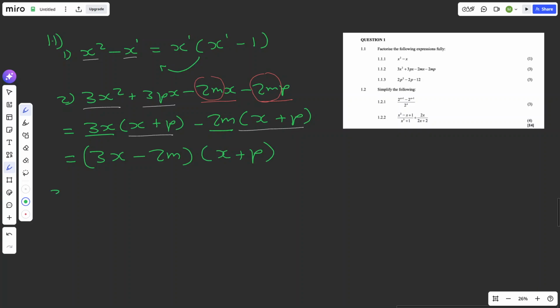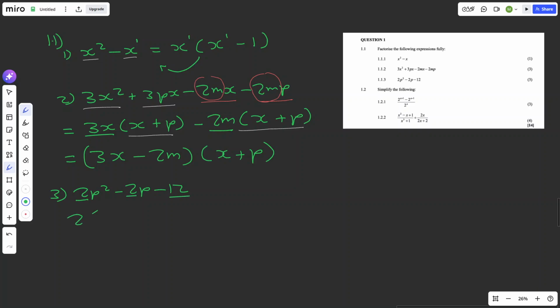And next question, in question 1.1.3, we are given 2p squared minus 2p minus 12. Okay, so now we can start off by factoring out 2, which is a common factor, right?